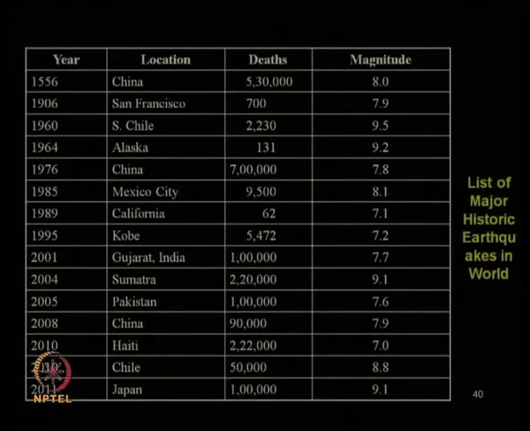Let us see this slide, which lists typical major historical earthquakes around the world. There are of course several other major earthquakes, but only some typical ones are listed, starting from 1556 in China.